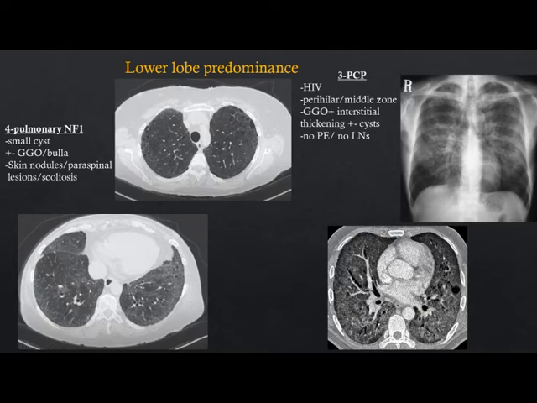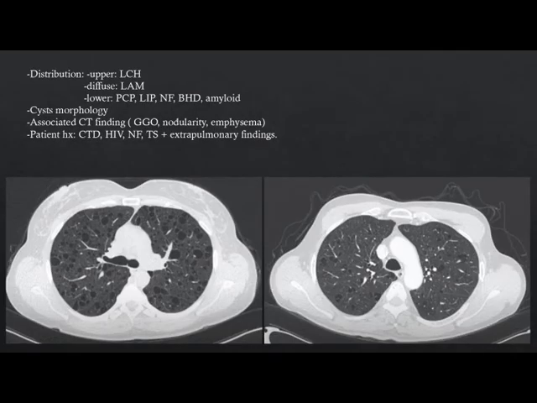Now, finally, to recap what we have discussed, in a cystic pulmonary disease, first of all, look for the distribution of the cysts. Are they upper lobe or diffuse or in the lower lobe? Look for the cyst morphology: are the cysts thin-walled or thick-walled, bizarre shaped?